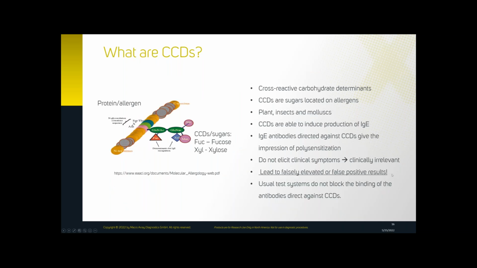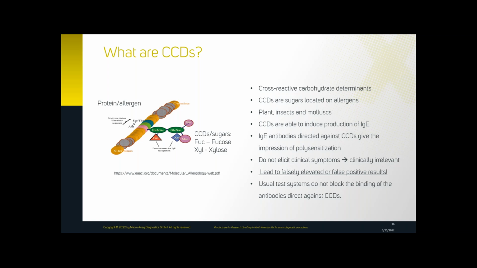One of the key features of the immunoassay is the blocking of clinically irrelevant CCD signals. But what are CCDs? CCDs are cross-reactive carbohydrate determinants, and those are sugars located on allergens such as plants, insects, or mussels. And these CCDs on the proteins are able to induce the production of IgE.